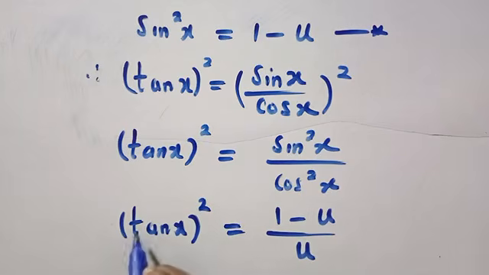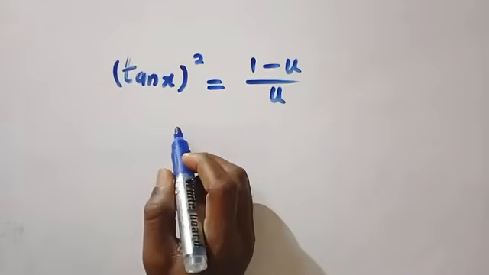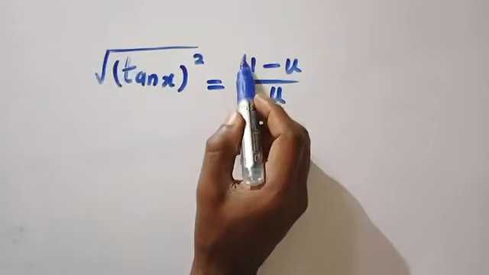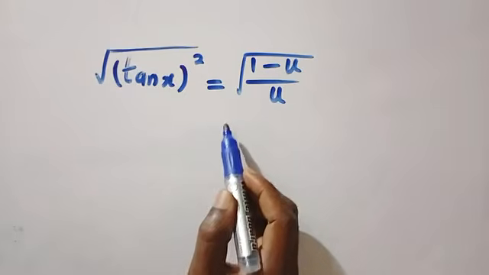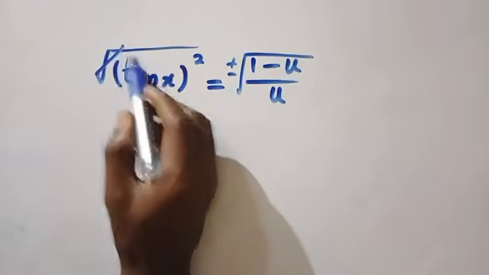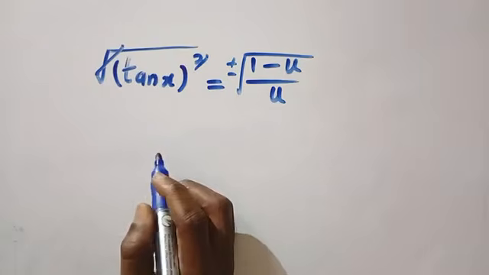Then we need only tan x, and this is tan squared x. We have to take the square root of both sides. By taking the square root of both sides, we have this also having a square root, but here it comes with plus or minus. Square and square root cancel.